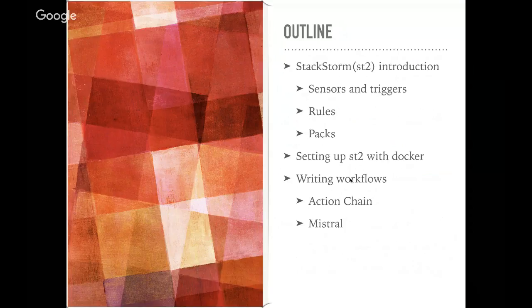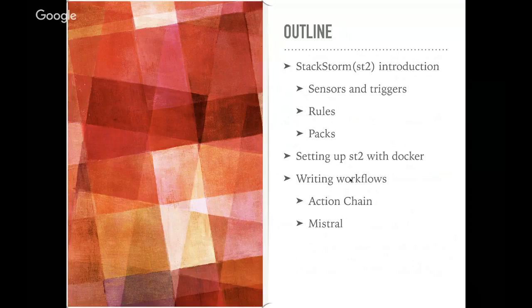We do all of this inside StackStorm Docker environment. I gave a link for StackStorm Docker repository on GitHub. We will use that. Also, I will demonstrate how to write a couple of workflows.